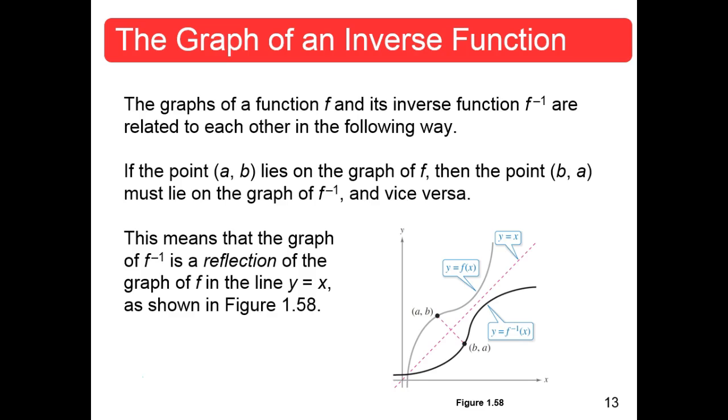It can't change directions. Well, guess what? If f is a strictly increasing function, that means f inverse also is strictly increasing. It doesn't become strictly decreasing. It must also be strictly increasing. And if f was a strictly decreasing function, then f inverse must be a strictly decreasing function.